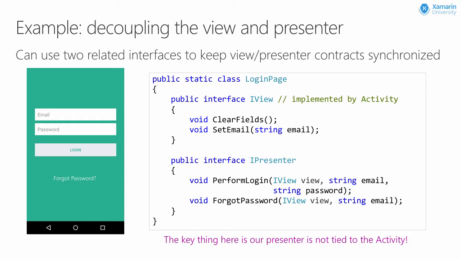Our second interface, IPresenter, is implemented by the presenter, and it has methods to invoke the presentation logic that we'll need for this page. Given that we aren't running tests on the view, our activity, this abstraction is optional. We could have a reference directly to the presenter without any harm. However, it's useful to provide an interface for both sides because it makes you think about how the two classes will relate to one another.